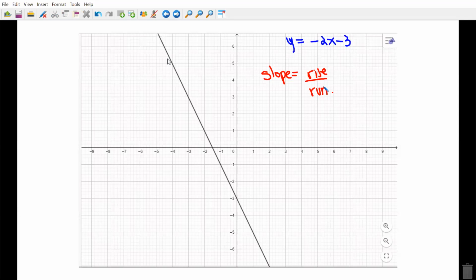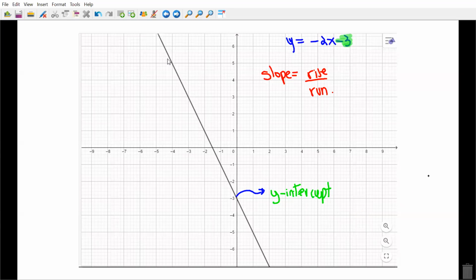Something we learned today was that this was going to be called the y-intercept. So we said that the y-intercept was this value over here that I have highlighted in green, right?